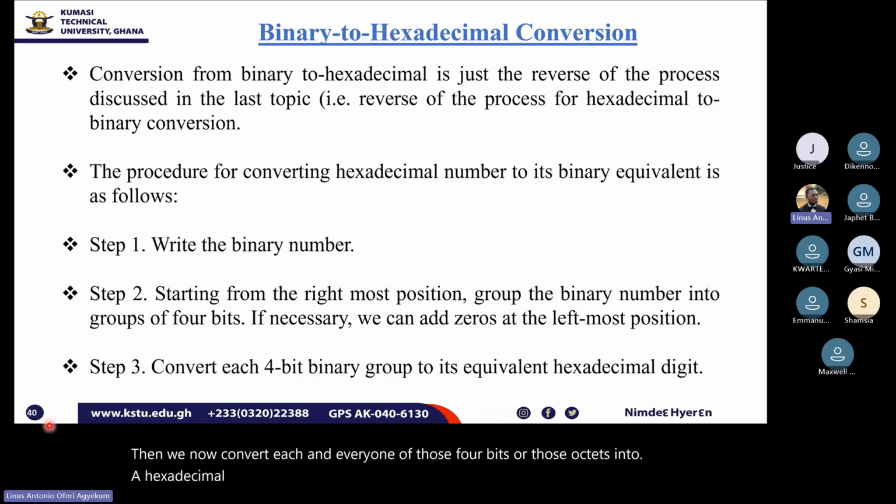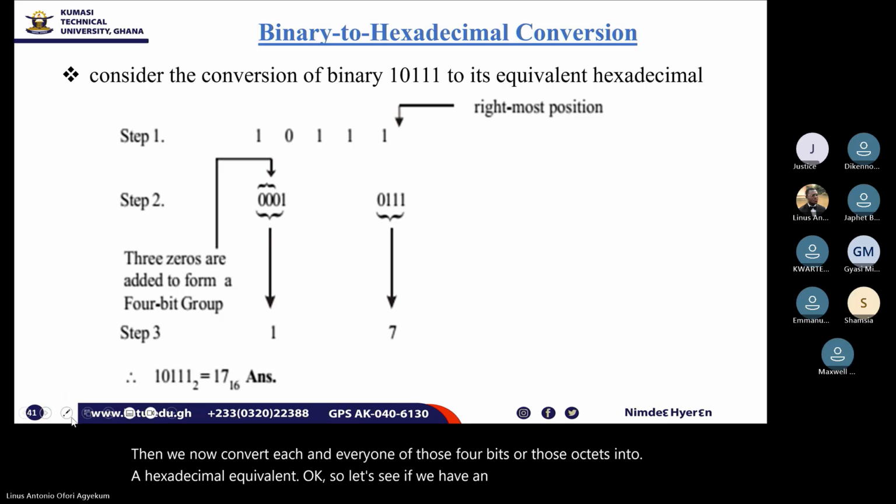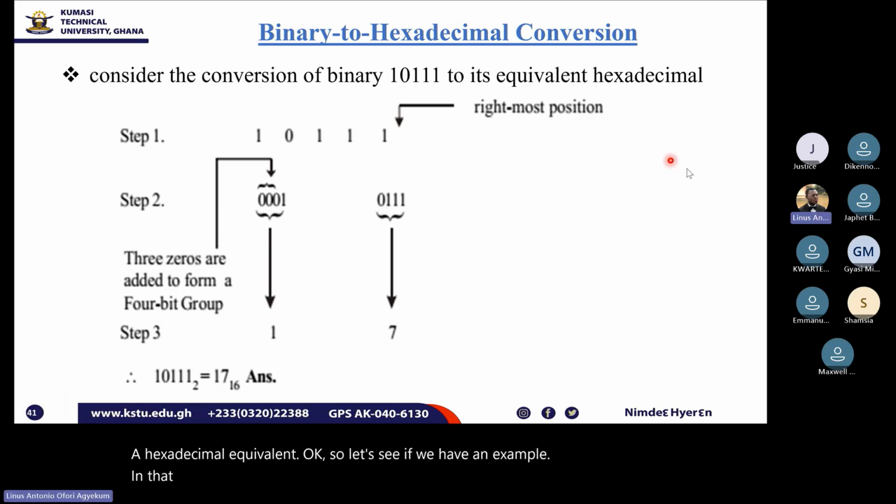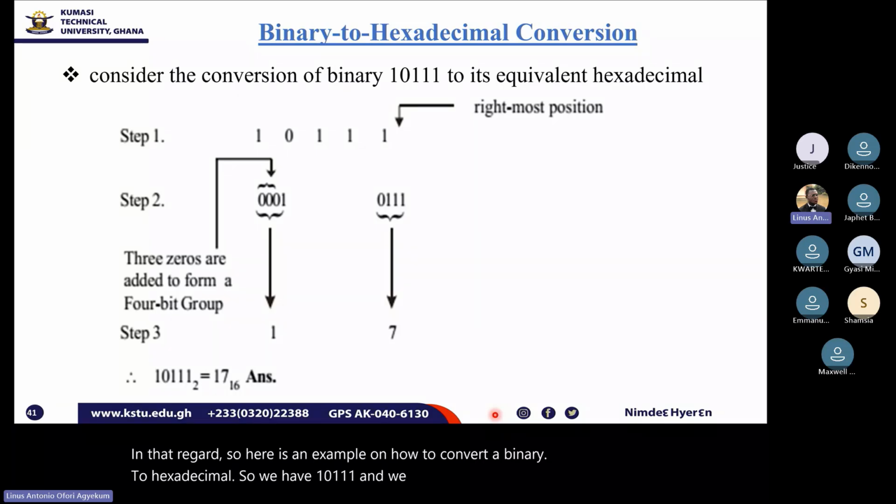Okay, so let's see an example in that regard. Here is an example on how to convert a binary to hexadecimal. We have 10111, and we are asked to convert it to its equivalent hexadecimal.